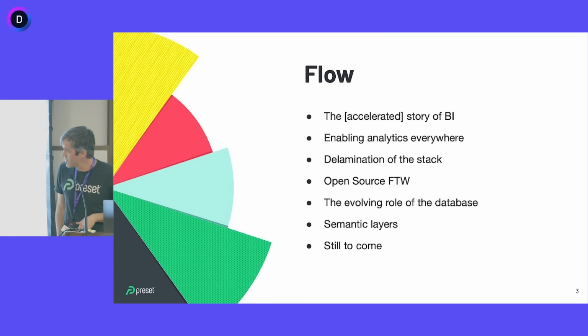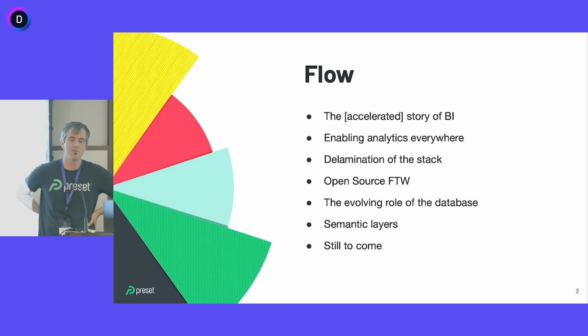All right, so the flow of this talk. I'm going to be talking about the story of BI, kind of how we got here. I think it's always good when we talk about the future of something to understand where we came from. And then I'm going to talk about some of the components or ideas around this next generation. That includes ideas like enabling analytics everywhere, the delamination of the stack, open source, what is the role of open source in next generation data platforms and around BI.